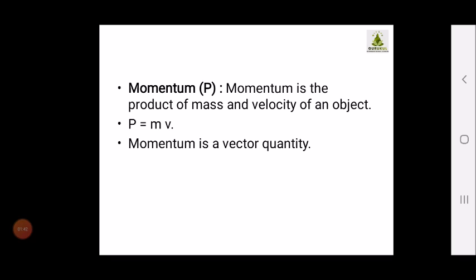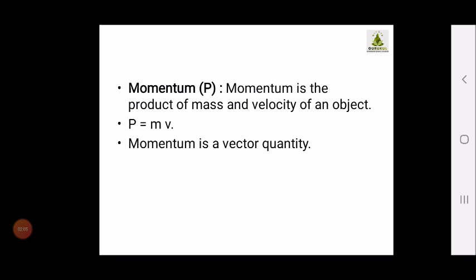Momentum is the product of mass and velocity of an object, where momentum's symbol is capital P, m is the mass and v is the velocity. Children, don't get confused, as your teacher has taught you final velocity and initial velocity also.